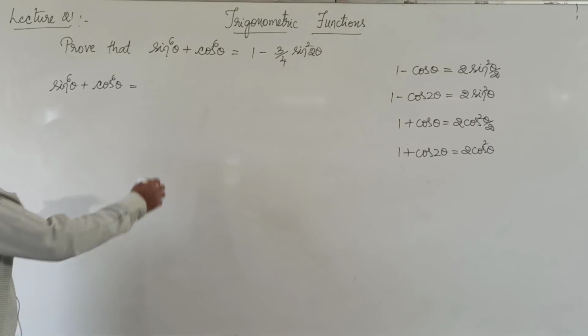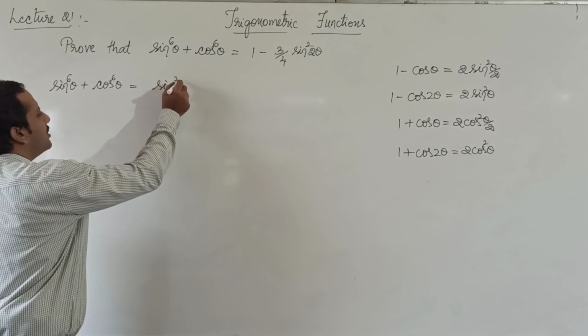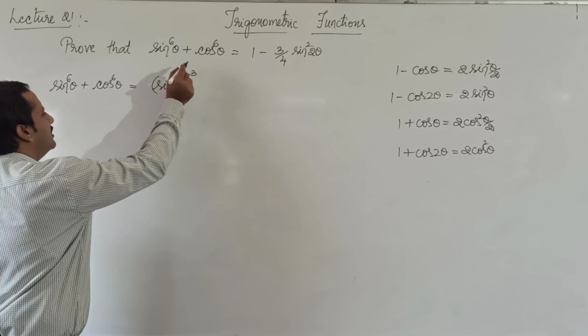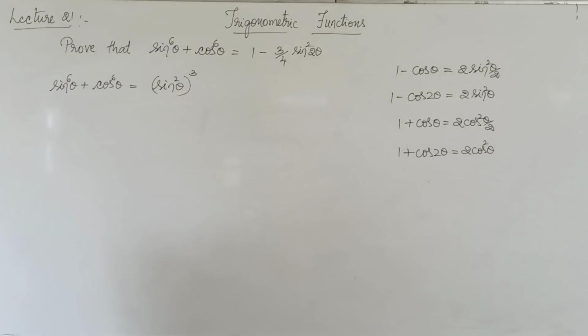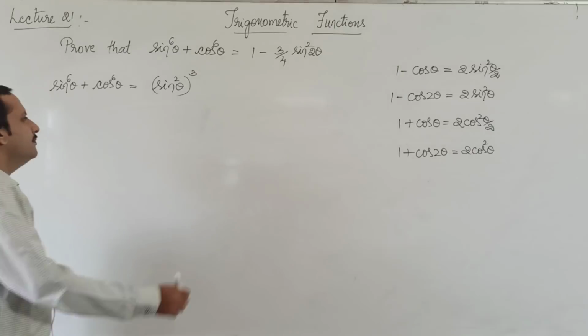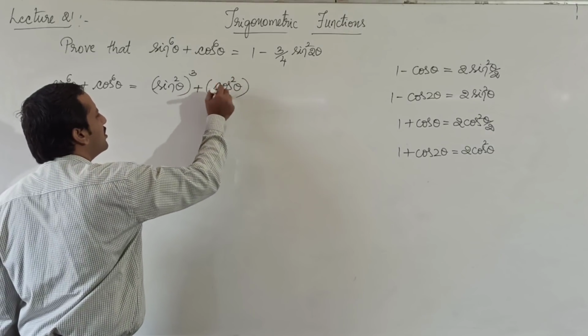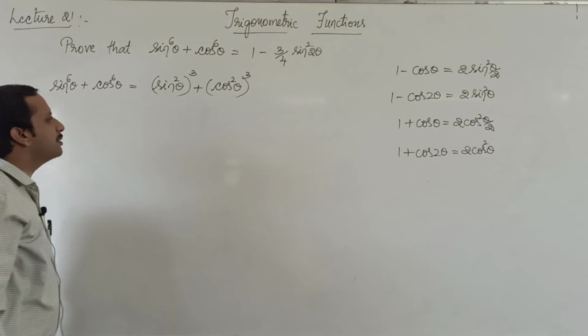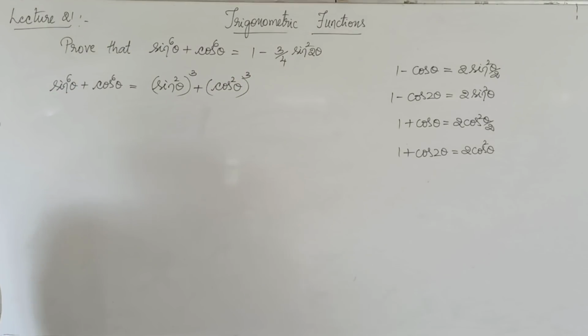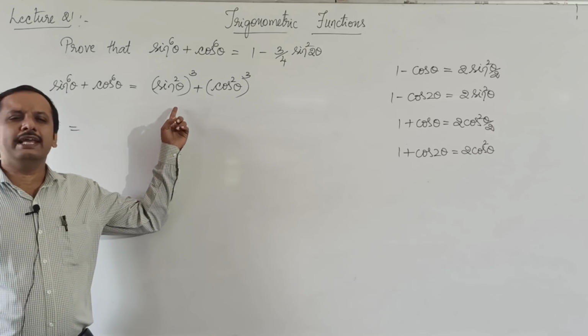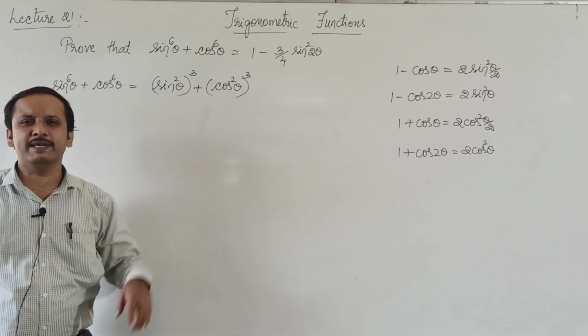will write this as sin square theta whole cube. Sin power 6 theta is nothing but sin square theta whole cube. Then cos power 6 theta, I will write this as cos square theta whole cube. Now this looks like a cube plus b cube.